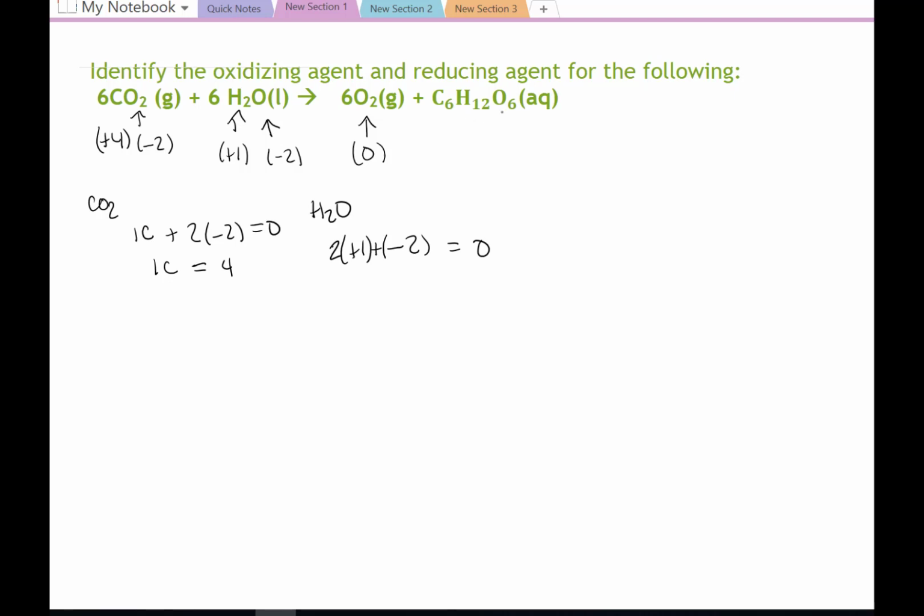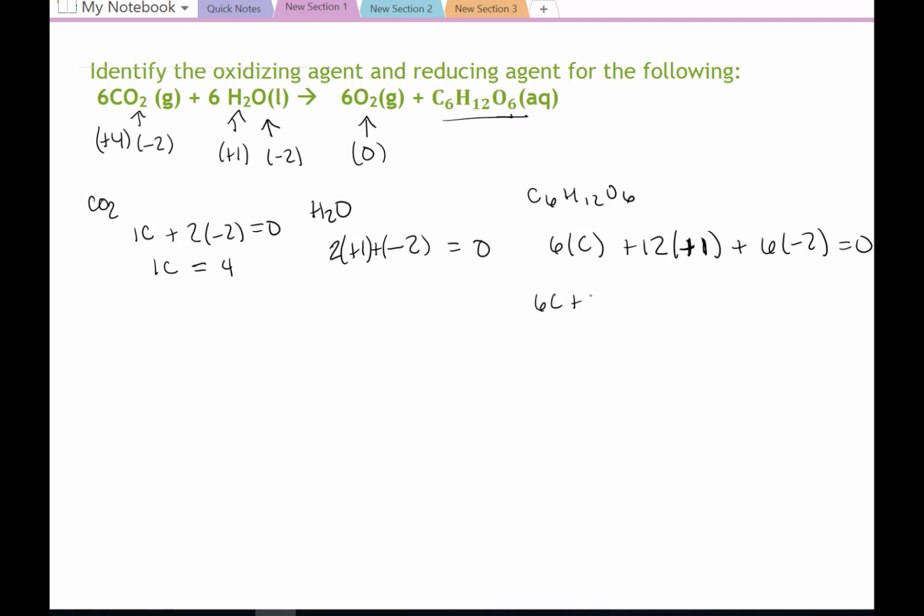Now let's look at glucose. So we have C6H12O6. So we have 6 carbons. We have 12 hydrogens, which is going to be +1 for each hydrogen. And then we have 6 oxygens, which is -2. And this must all equal 0 because there's no charge on the glucose.